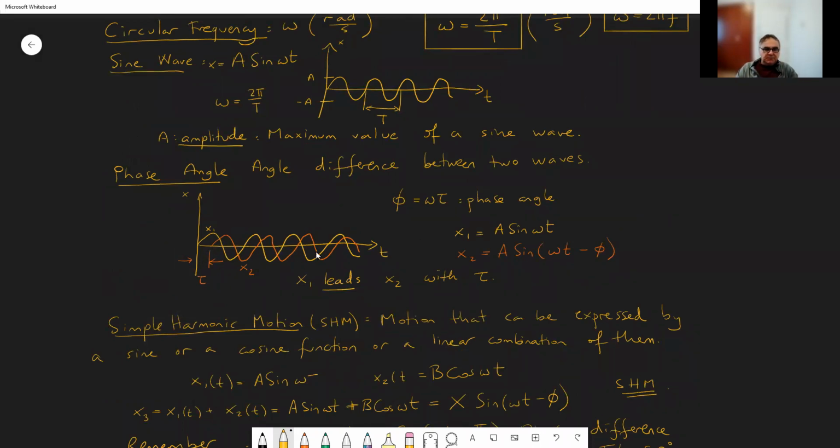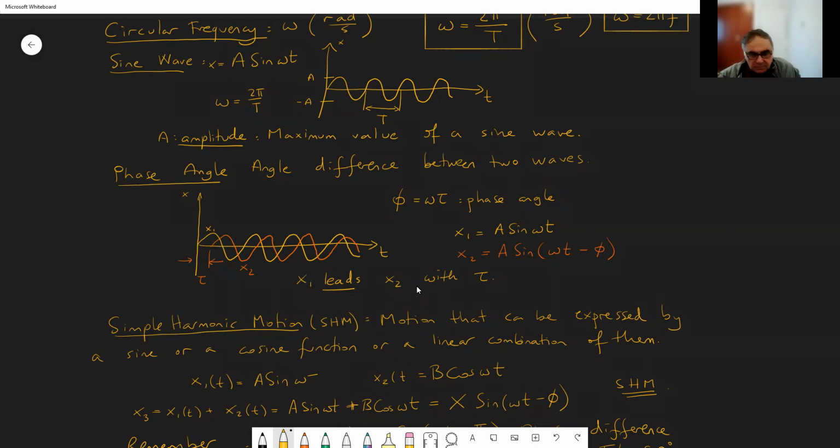As you see, if you have x1 and x2 with the same frequency omega, there might be a phase shift of phi, which shows how the motion leads or lags the other motion or other signal.